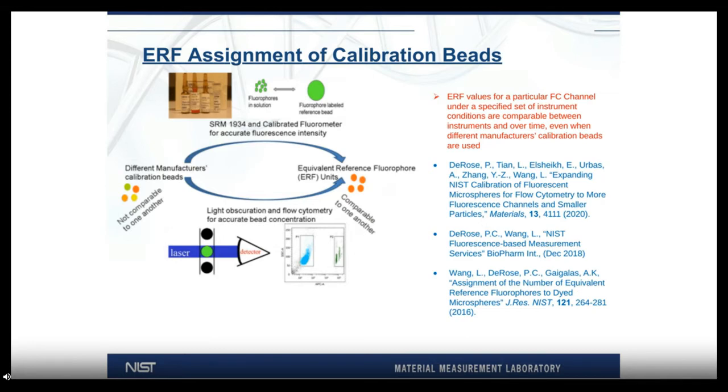The first measurement shown at the top is a fluorescence intensity measurement, where we relate the fluorescence intensity of the bead to the fluorescence intensity of a reference fluorophore solution. And then shown at the bottom, we also do a measurement of the number concentration of the bead suspension. So we put these two values together and we get an ERF intensity assignment per bead.